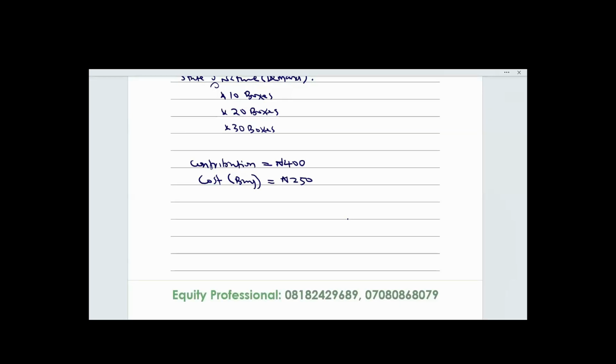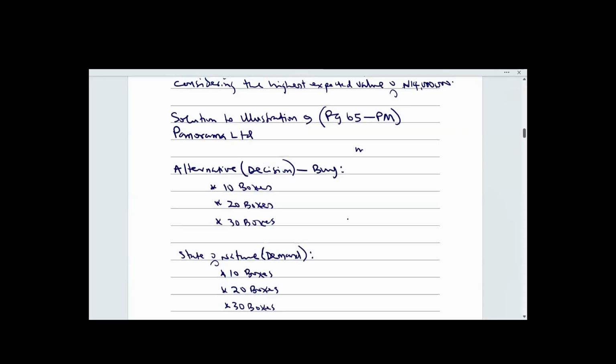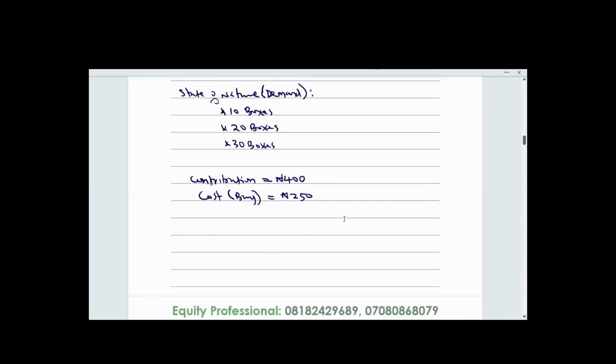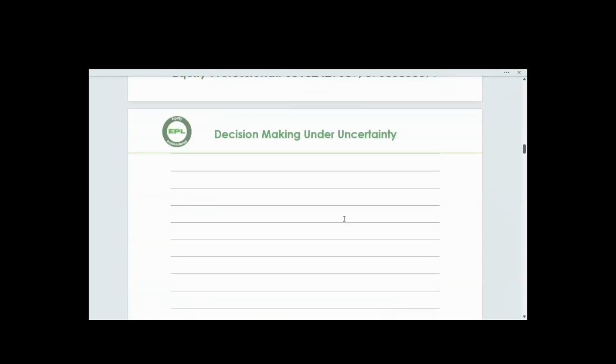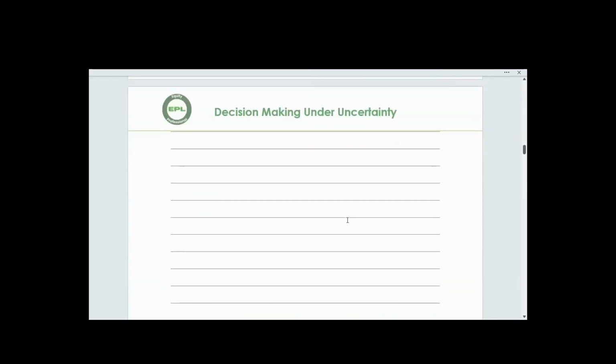Okay, so what you are supposed to do here is pair the demand with what you want to buy at each state of nature. Let's move on to construct the payoff table. First thing first, you need to work out the payoff value.